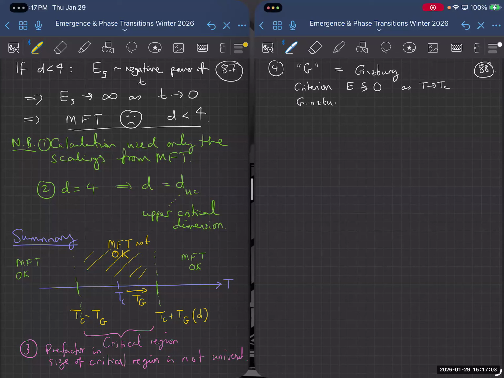Some of those papers they wrote together. Levanyuk, I think, was Ginzburg's student. So there's one paper which they wrote, then there's another paper where Levanyuk signed it on his own, the advisor didn't sign the paper, and there are other papers where Ginzburg signed it as well. And these were all done over a period of time in the early 1960s. So this is usually called the Ginzburg-Levanyuk criterion, or Ginzburg criterion in some places.